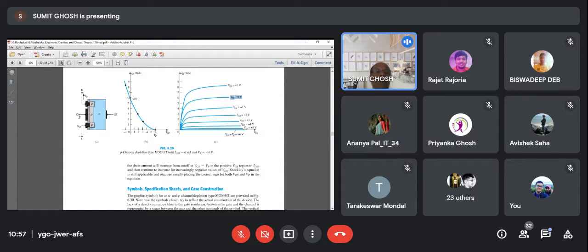On the other hand, if you give a negative voltage on the gate, then all the holes will be attracted to the interface and all the electrons will be repelled from the interface. So if there are more holes, the channel strength increases, current increases. So this is given by this. And similar to what we had, ID, that is the output characteristic, versus the input parameter gives the transfer characteristics.